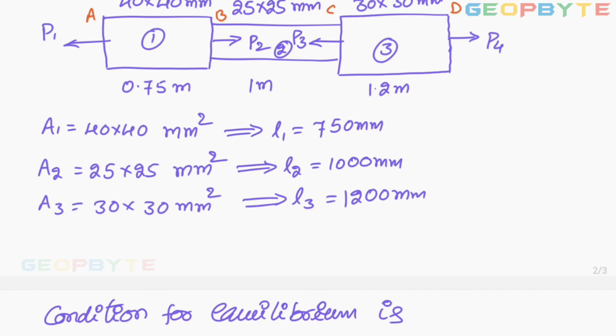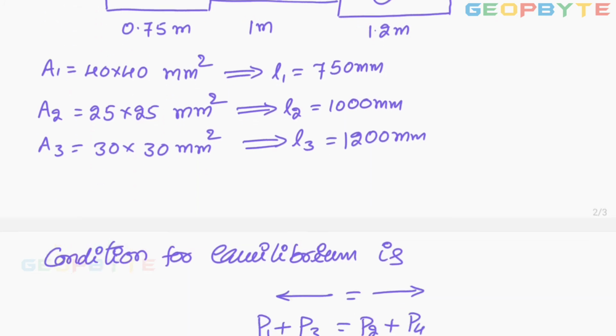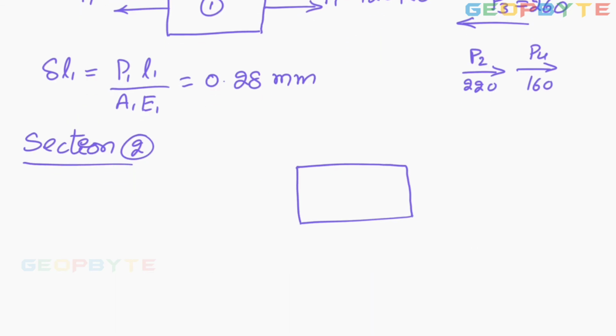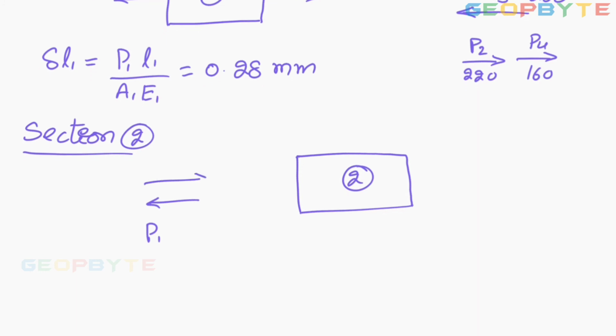Similarly, with respect to the left end of section 2, P1 is acting towards left, P2 is acting towards right. So P1, it is like this. P1 with respect to section 2 left end is acting in this direction, whereas P2 is acting in this direction.